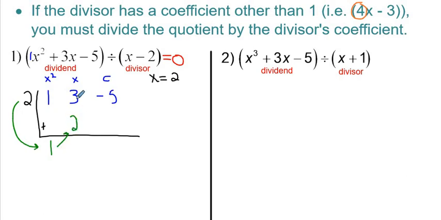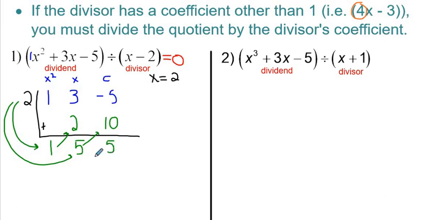And then you add. 3 plus 2 is 5. And then you multiply. 2 times 5 is equal to 10, and then you add -5 and 10, which gives you positive 5.